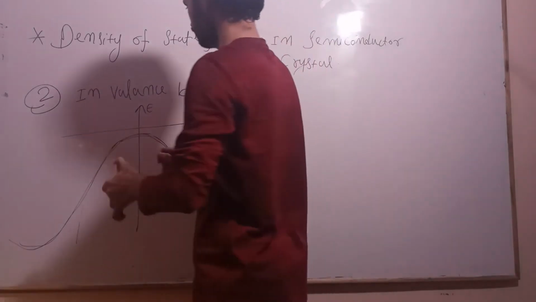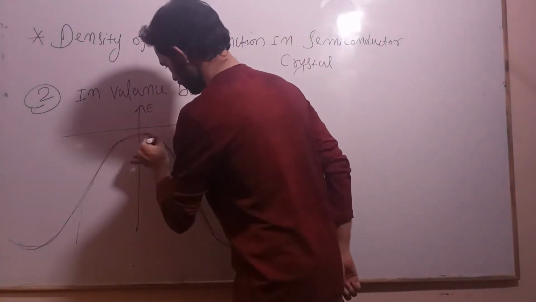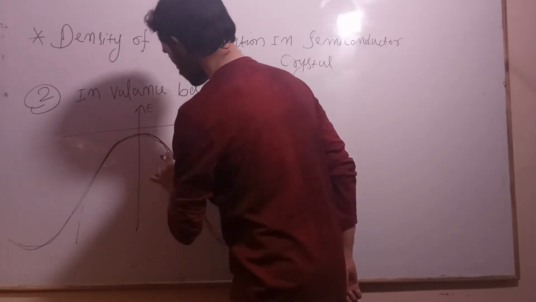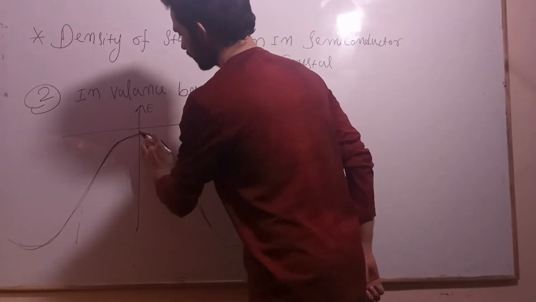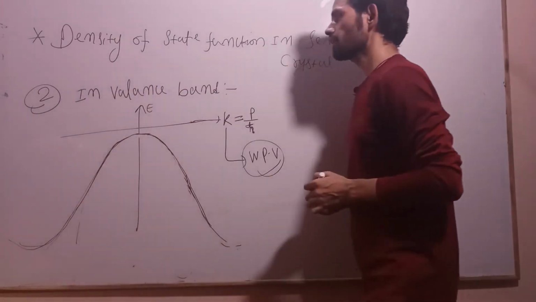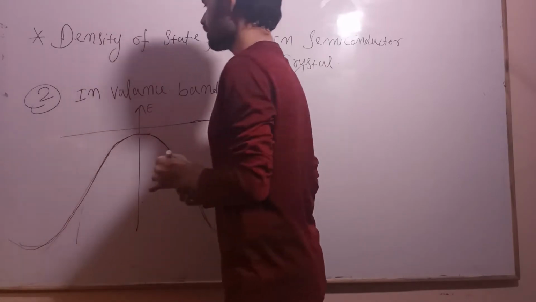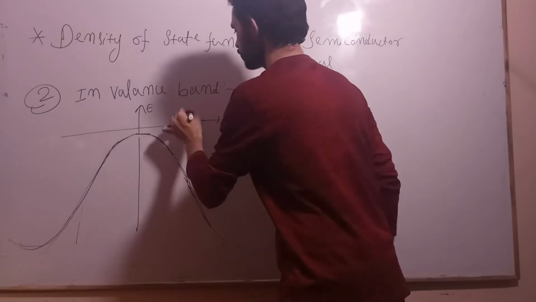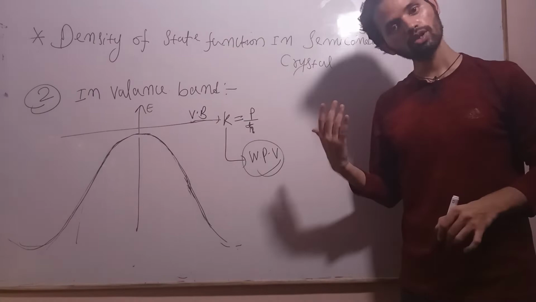So this is the case of the valence band. Here, as we have seen, the effective mass of an electron in the valence band is negative. But in the valence band we are not going to calculate the electron concentration; we want to determine the concentration of holes.